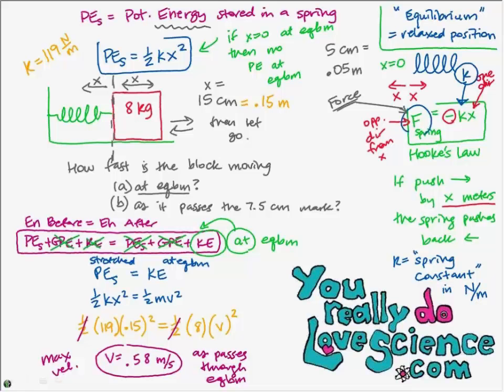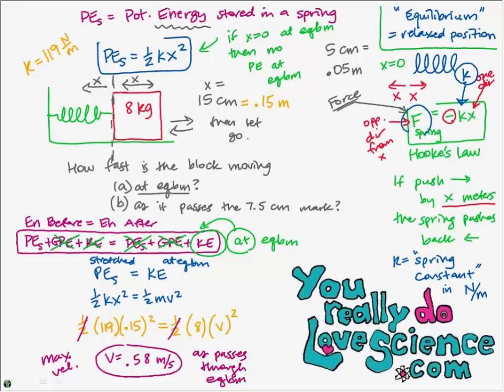If you triple the x and you make x go 3 times greater, your potential energy is going to go 9 times greater because x is squared in that equation. So when you increase x by 3-fold, you pull it 3 times farther, your potential energy of that spring is going to be 9 times greater because the x got squared in that equation.